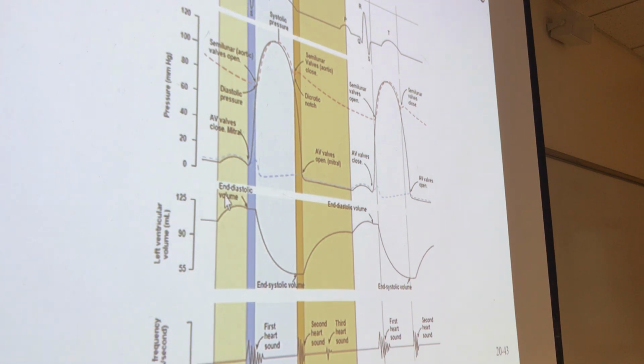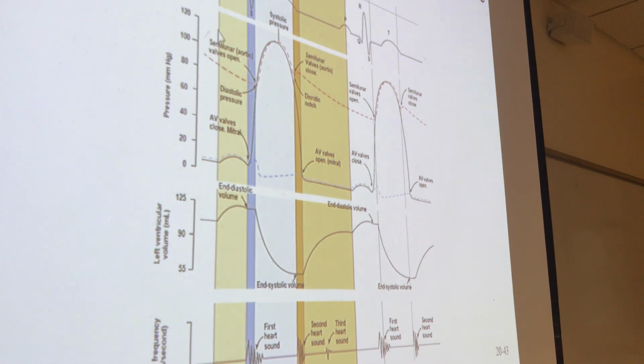The atria contract, ejecting whatever blood is left over into the ventricles, and you top it up. You go from 100 to 125 in the ventricles. Now all the blood that can be in the ventricles is now in the ventricles, right?